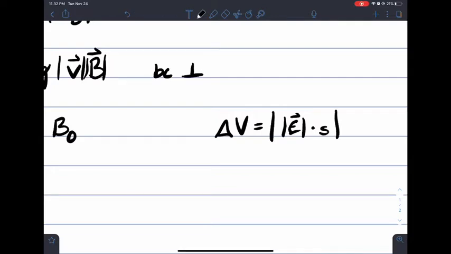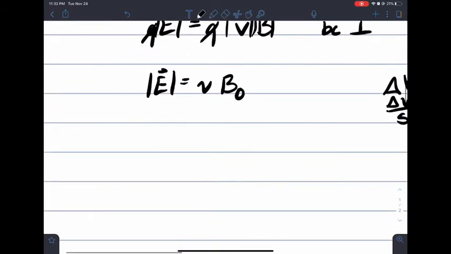So rearranging this, the voltage divided by the separation is equal to the magnitude of the electric field. Bringing this back to the previous equation, you get that the voltage over the separation is equal to the speed times the magnetic field.